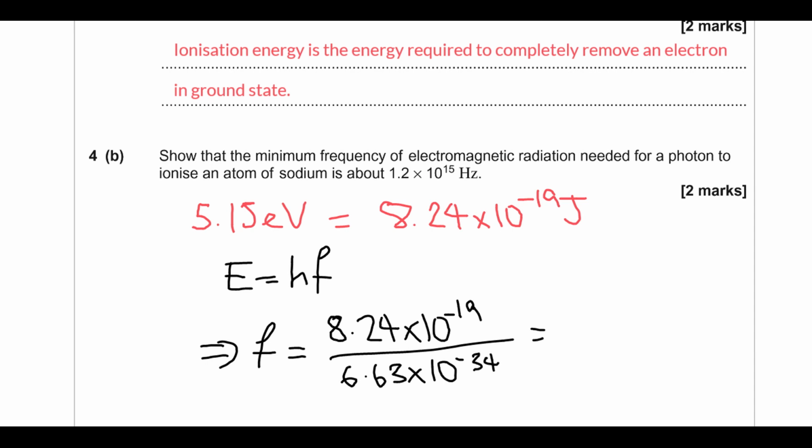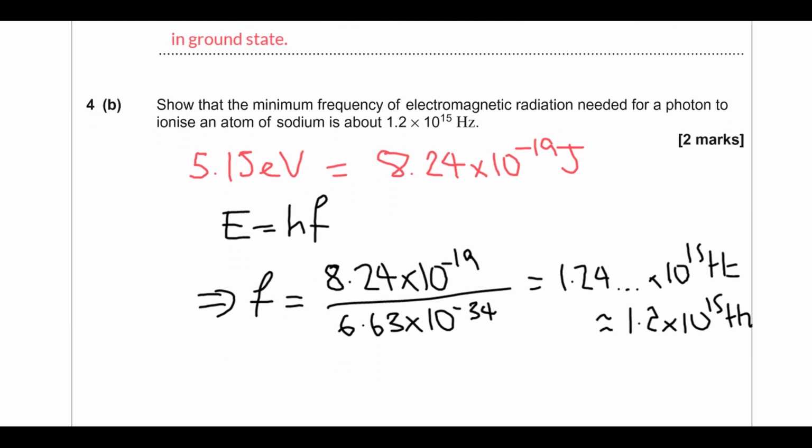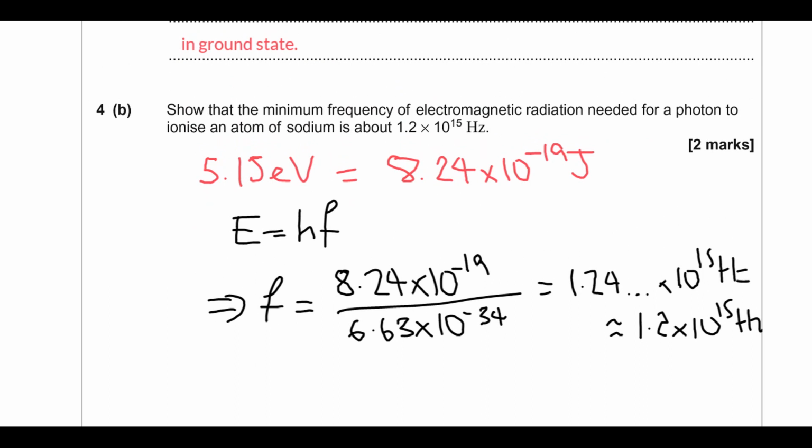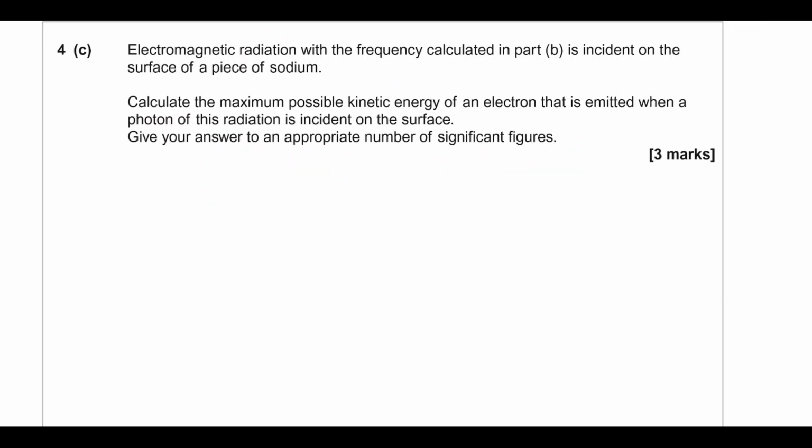And if we do that calculation, we end up with 1.24 and so on, times 10 to the 15 hertz, which is roughly 1.2 times 10 to the 15, so 2 significant figures there. And that finishes that one. Okay, so we've done that, so let's move on to the next question.